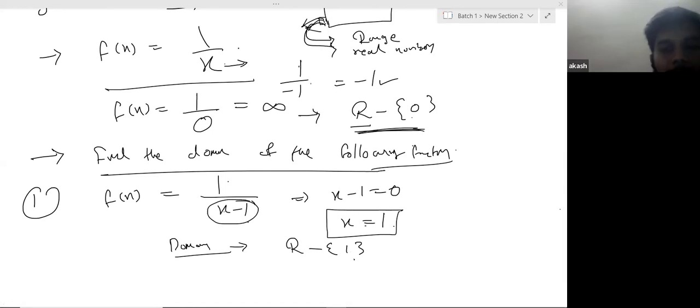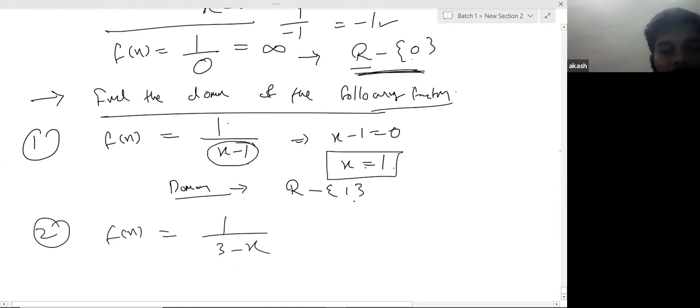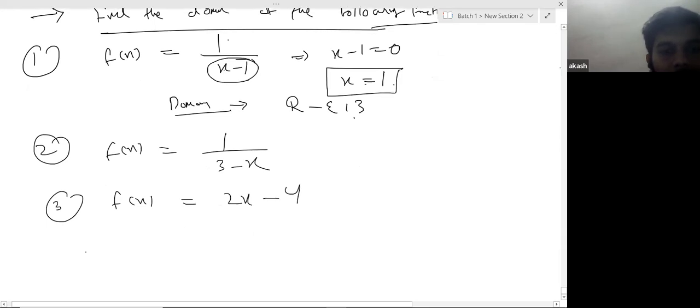All right. Let's try another question. F of x equals to 1 upon 3 minus x. After that, third would be 2x minus 4. Yeah, do this first.